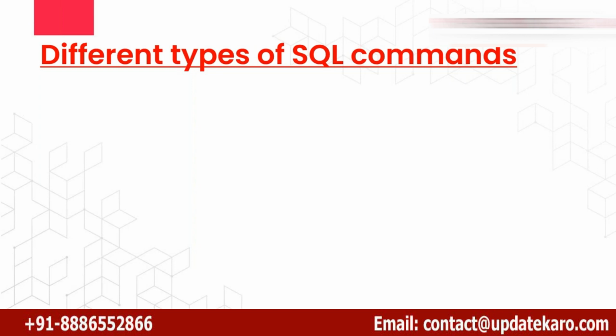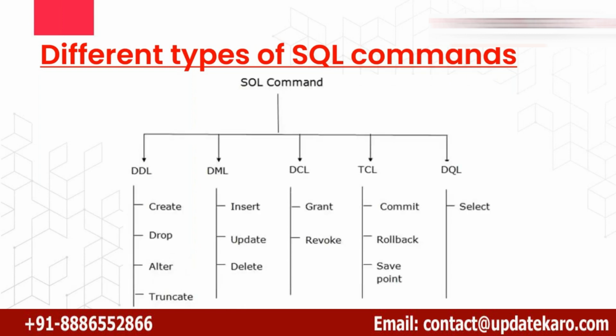Now, how many different types of SQL commands are there? Okay, there are a total of 5 different types: DDL, DML, DCL, TCL, and DQL. Okay, so let's go and understand one by one.